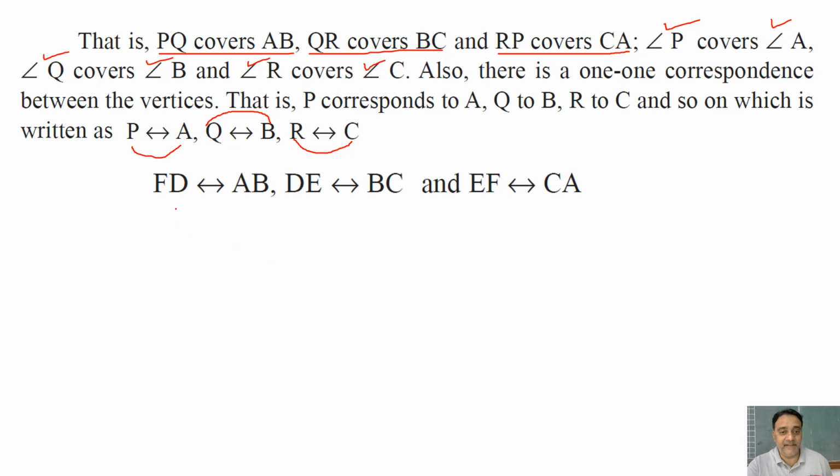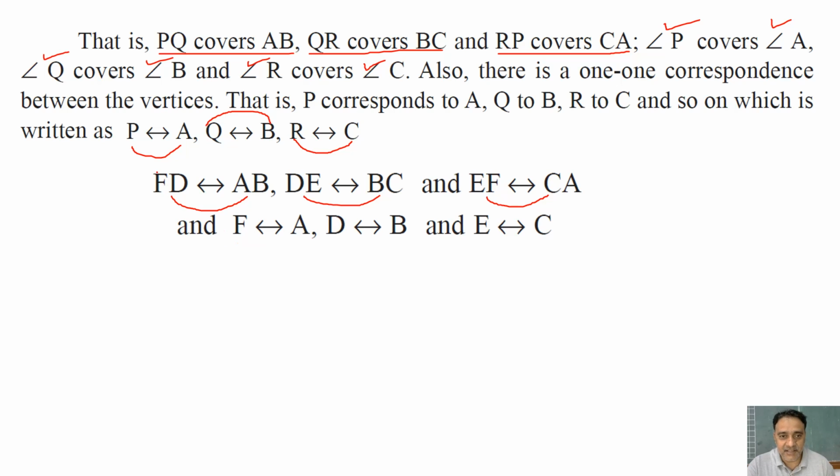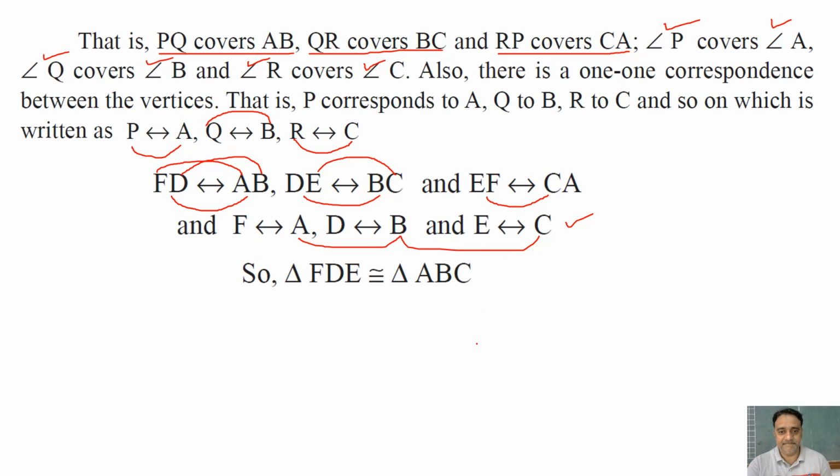Now if FD corresponds to AB, that is FD is equal to AB, and DE is equal to BC, and EF is equal to CA, how will we write the triangles symbolically? Look carefully: the corresponding of F is A, the corresponding of D is B, and the corresponding of E is C. So if we write triangle ABC, then we have to write triangle FDE.